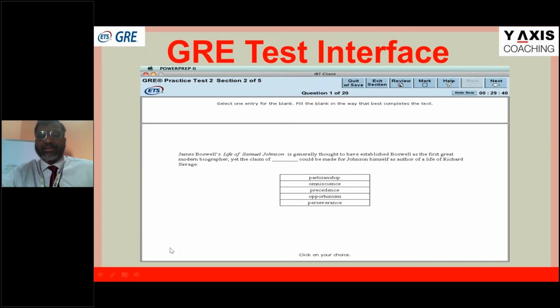And on the real exam, you will find the test interface this way. Since this is a computer-based test, you have the entire test done in this internet-based test client. Power Prep 2 is freely available for practice from ets.org.